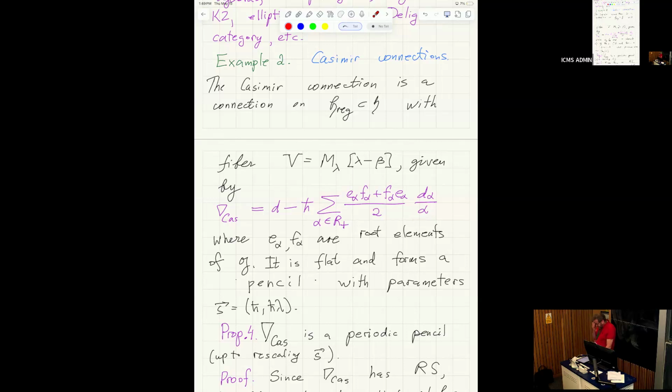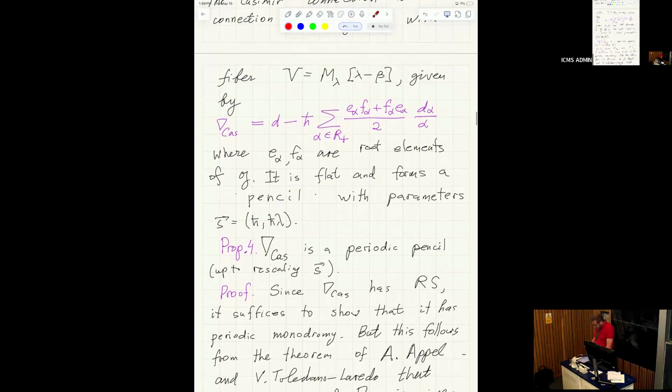And E alpha and F alpha are root elements of our Lie algebra g. And so this connection is flat, and it forms a pencil with parameters lambda and h, and it's periodic up to rescaling.